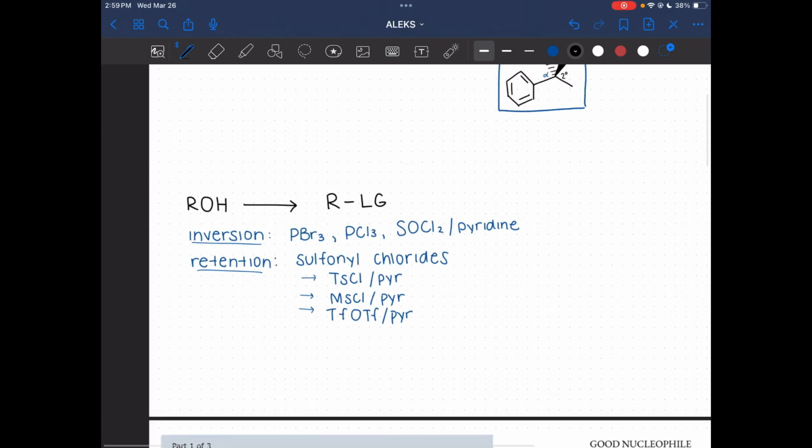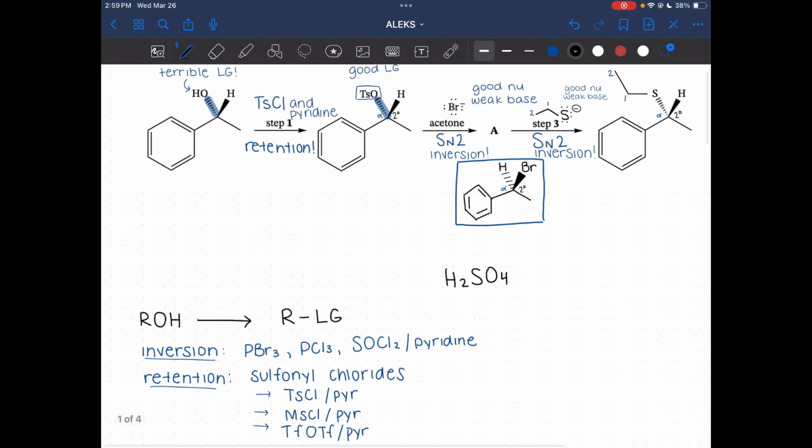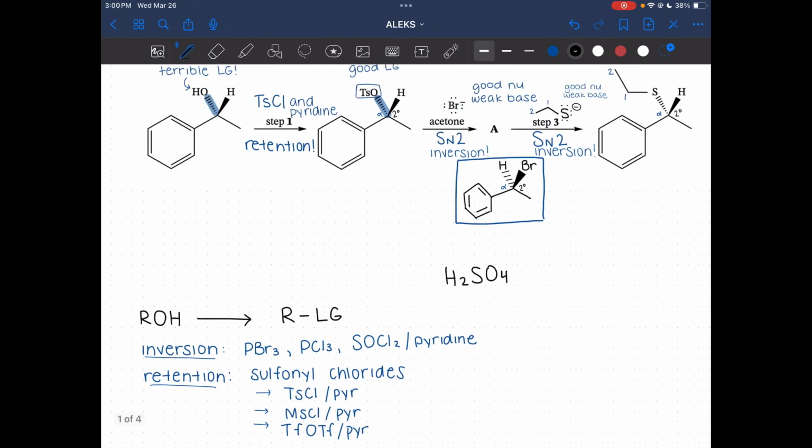new reagents and why we can't just do the whole acidic H2SO4 thing that we did in office hours the other day. We could technically use H2SO4 for this step one, but as we know, if we protonate this and it's at a secondary electrophile, usually we only see things leave when they're at a tertiary alpha carbon.